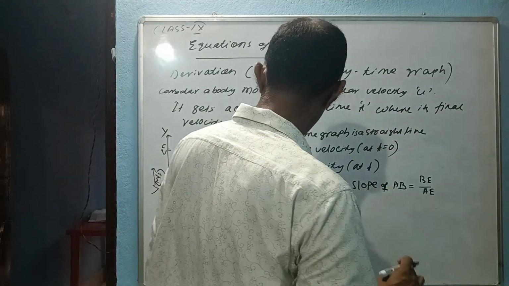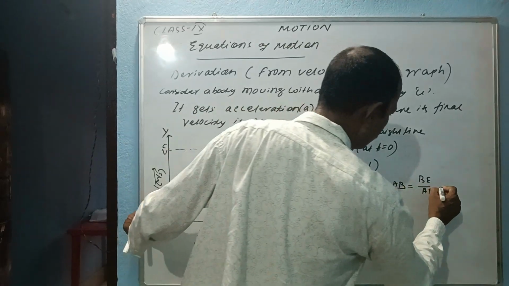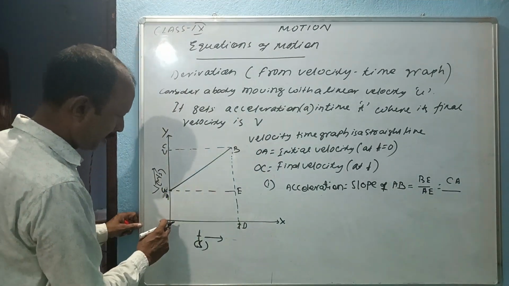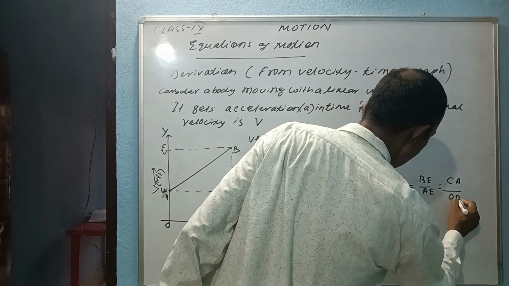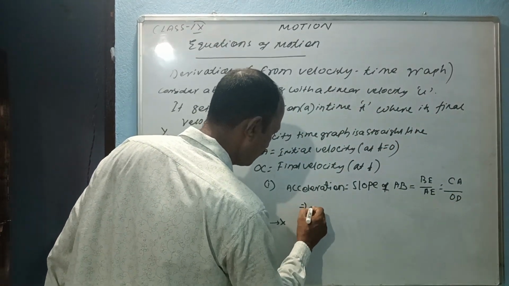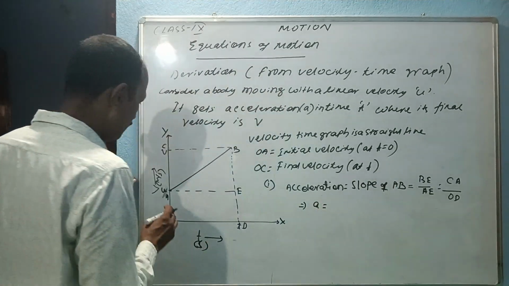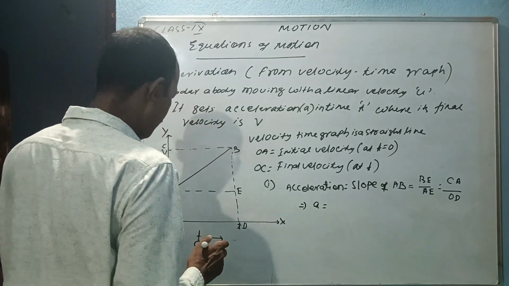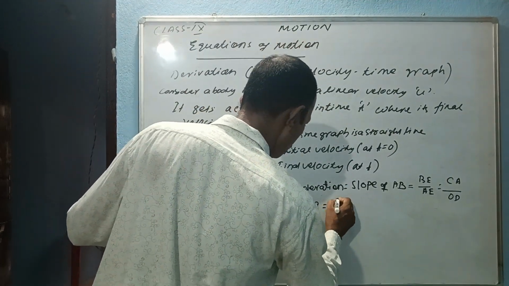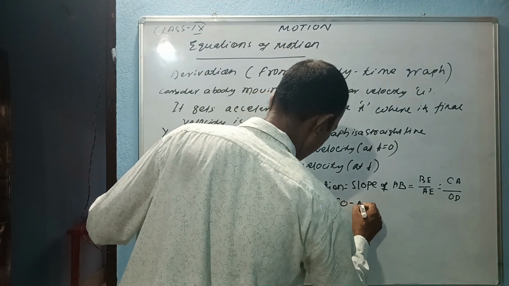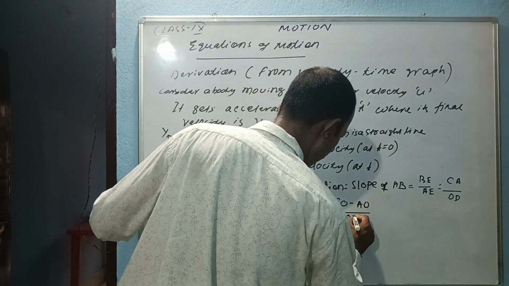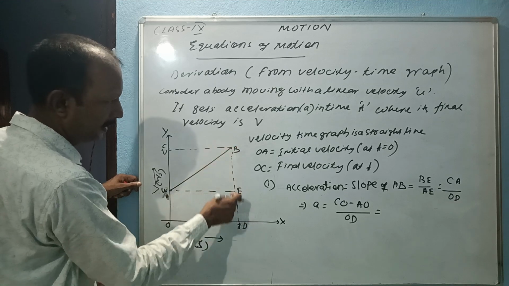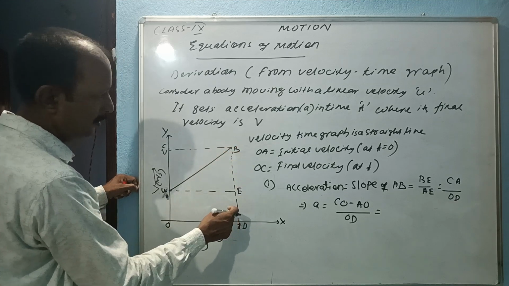So BE by AE, in place of BE I can write CA, divided by, in place of AE I can write OD. Okay. This implies that in place of acceleration I am writing A, and in place of CA, I am writing CO minus AO divided by OD. See here, CO, that is also BD. Okay.